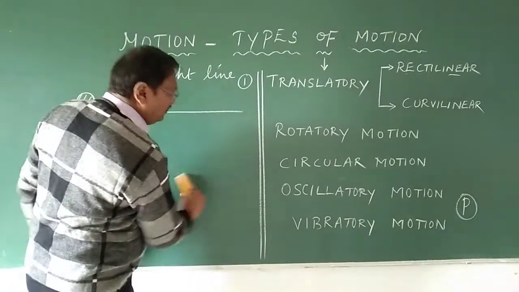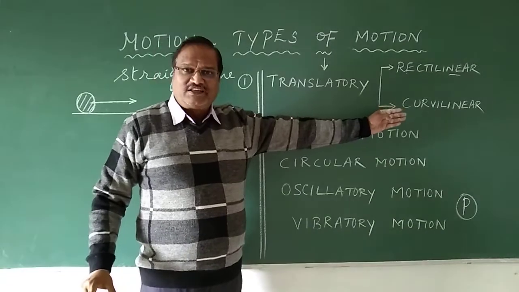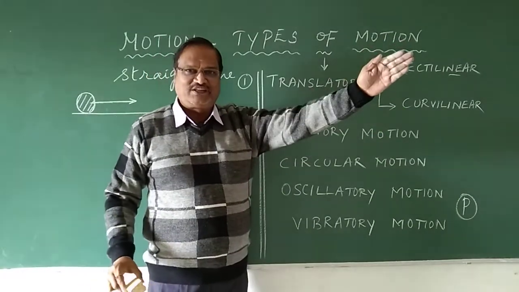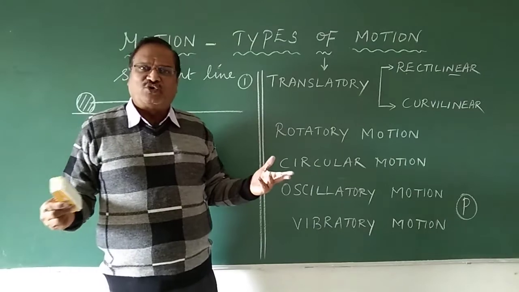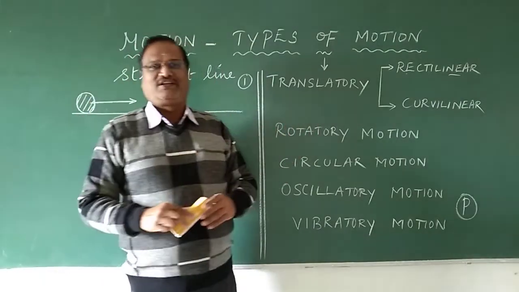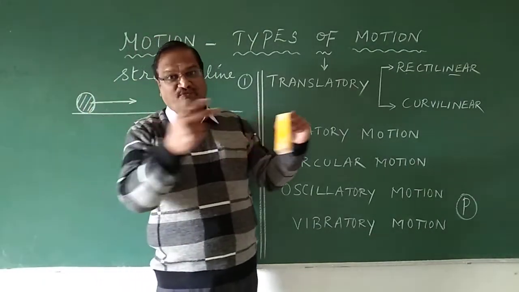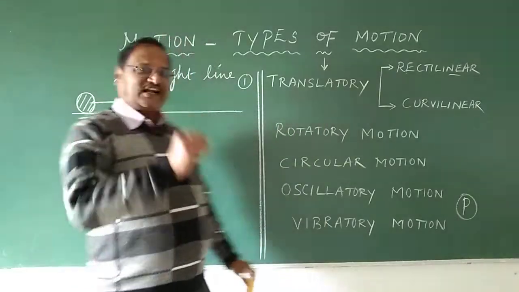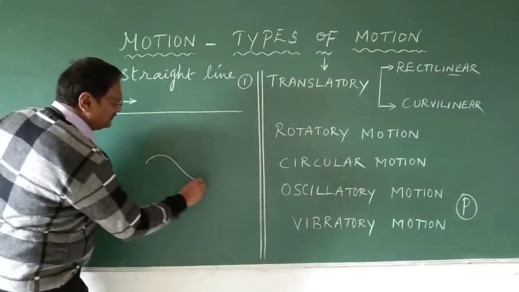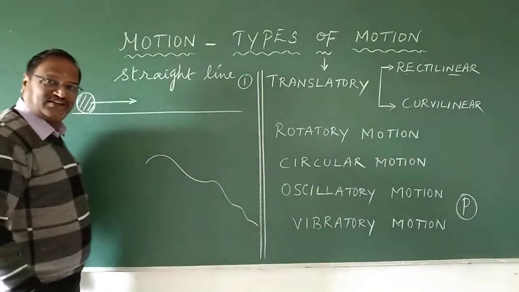Now, what is curvilinear motion? It is moving in a curved way. Many times a road will not be straight. Maybe highways will be straight for a long stretch, but in other places the road will be going here and there, right?